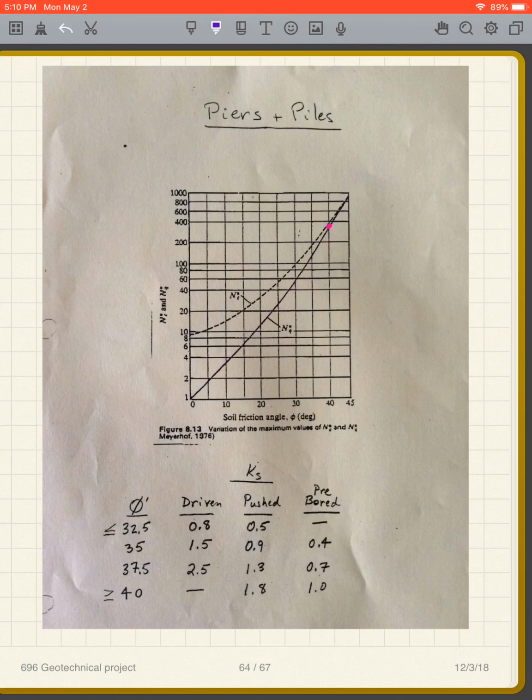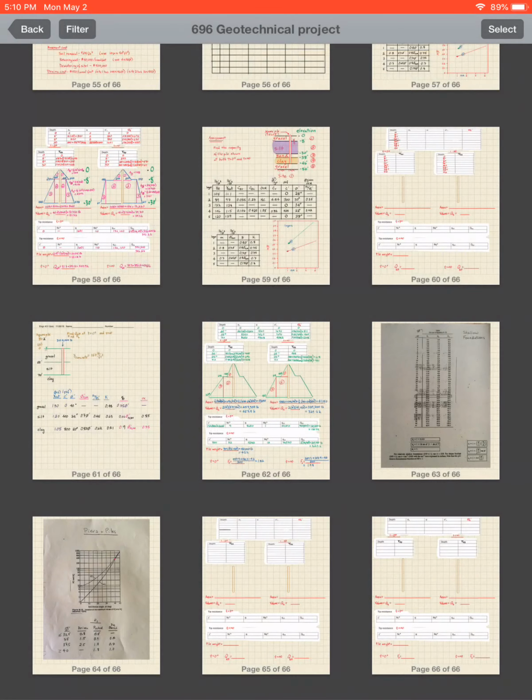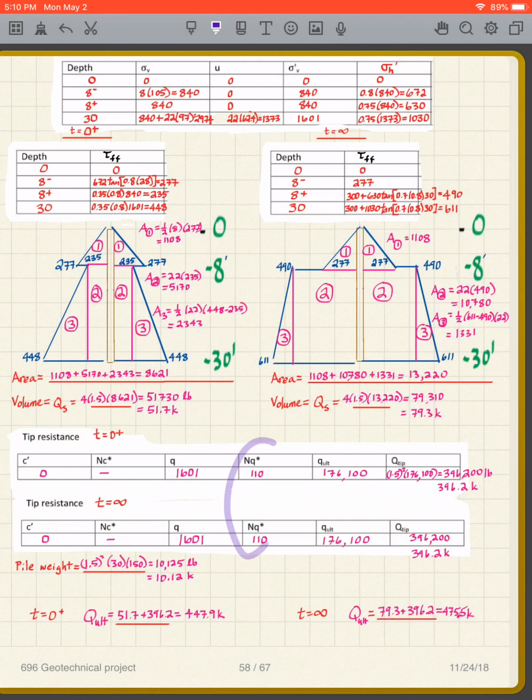I come in at 34 degrees, and it's about 110. It's approximate. I read off about 110. So I put my NQ star at 110. I simply take Q times NQ star, which gives me 176,100.